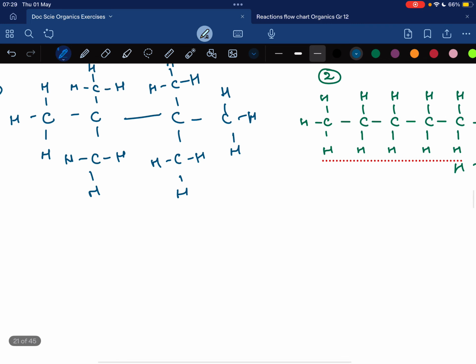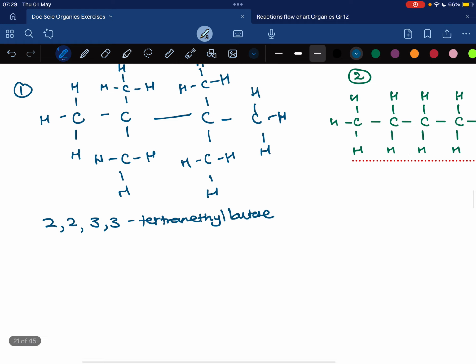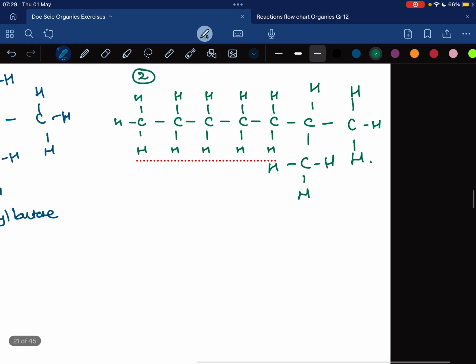So we can see that the name for this one will be 2, 2, 3, 3 tetramethyl butane, and this one is going to be 2 methyl heptane.